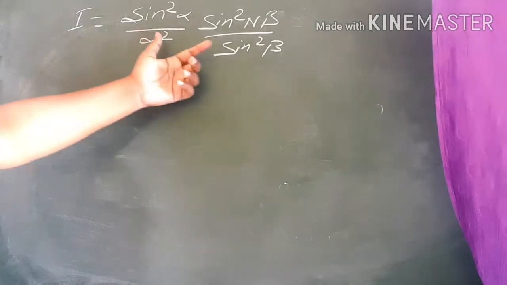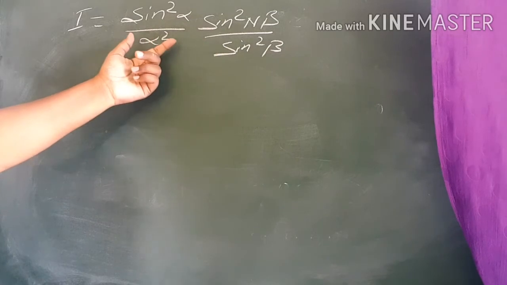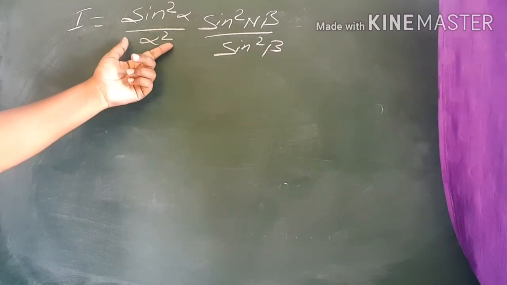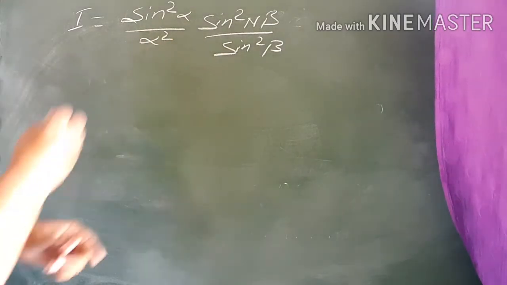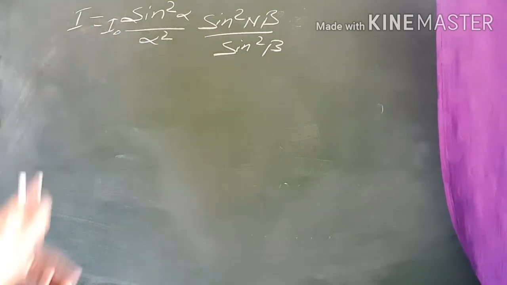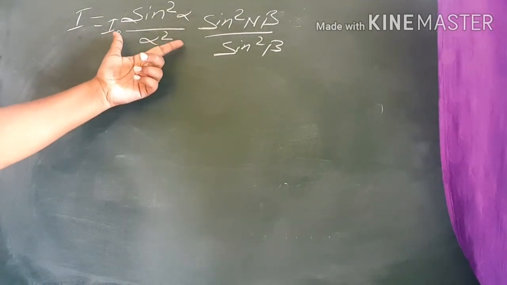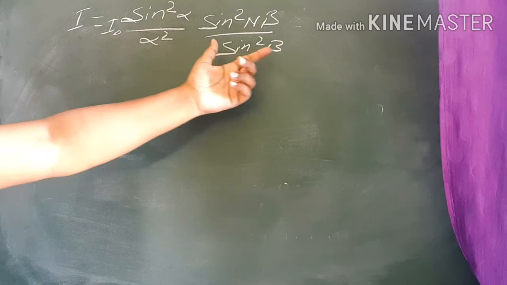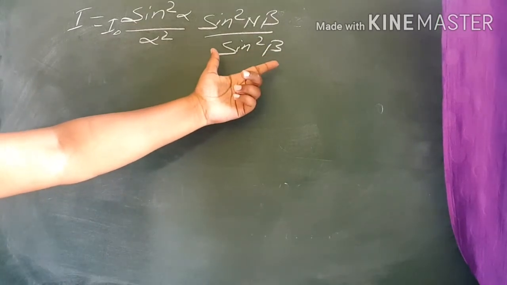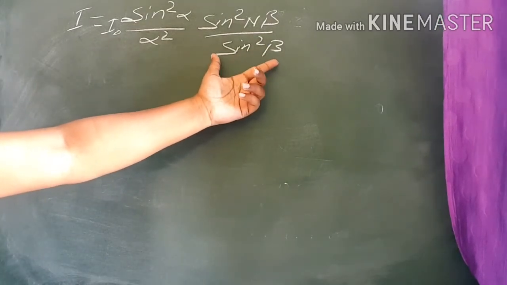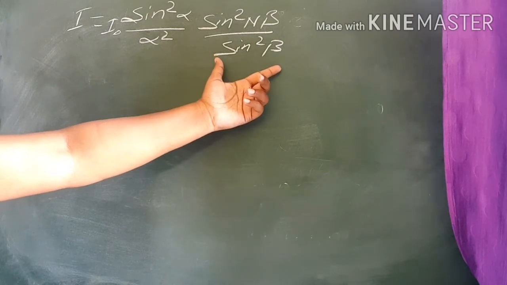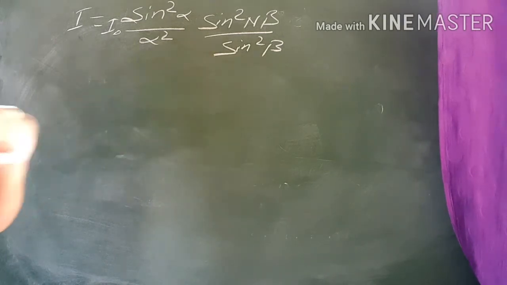So this is the intensity due to n slits. One term is due to the single slit, and only the other term is due to n slits. This term gives the contribution of n slits.